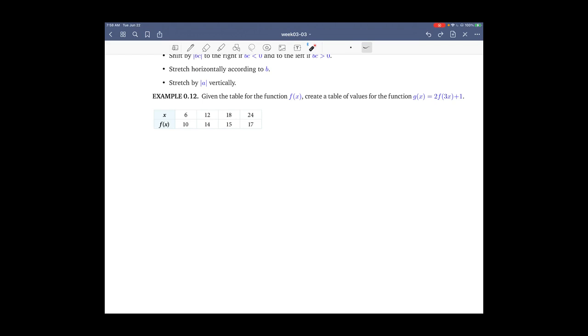In particular, it will take the same values, 10, 14, 15, and 17, just not at the times where f does.